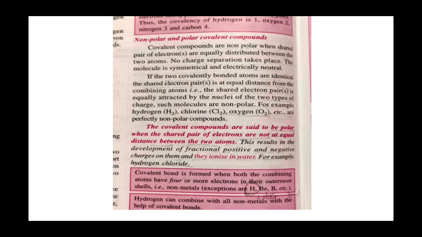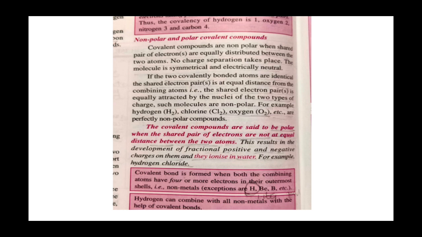Now come to the polar compound. Covalent compounds are said to be polar when the shared pair of electrons are not at equal distance between the two atoms. Why are they not at equal distance? Because their electronegativity difference is not zero, that means both atoms have different electronegativity.